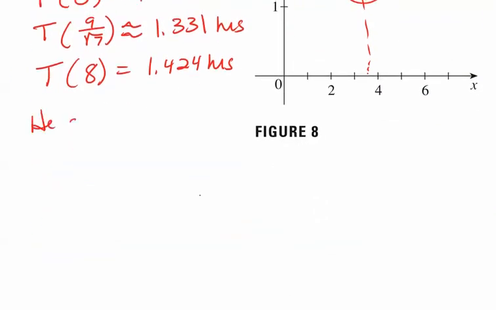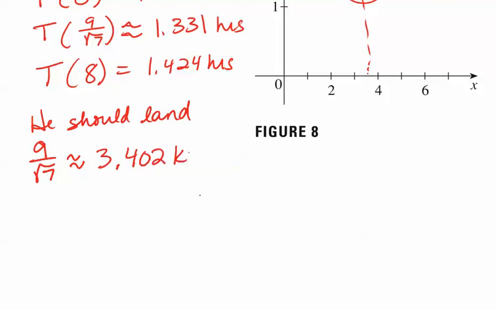He should land 9 over the square root of 7, or approximately 3.402 kilometers downstream of point C. And that should answer our question.